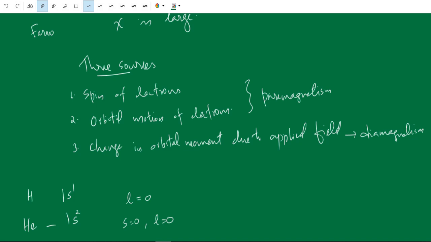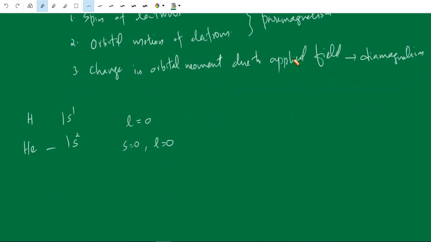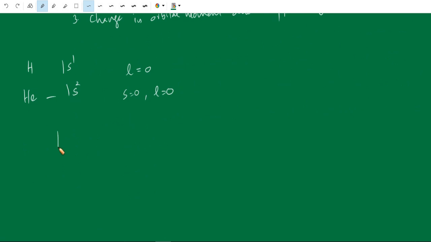The diamagnetic behavior can be explained with reference to Lenz's law. We know Lenz's law in electromagnetic induction. According to Lenz's law, when the flux through a current carrying loop is changed, an EMF is induced in the loop in such a way that this EMF opposes the change in flux itself.